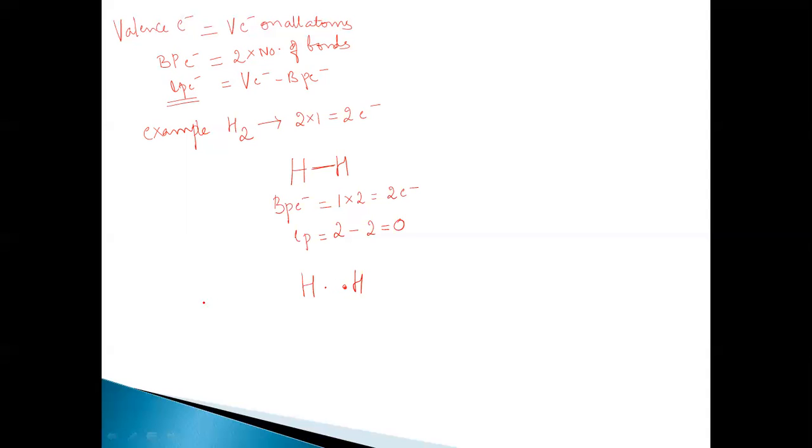And let's take the example of oxygen here. We know its atomic number is 8, so the electronic configuration will be 1s2, 2s2, 2p4.